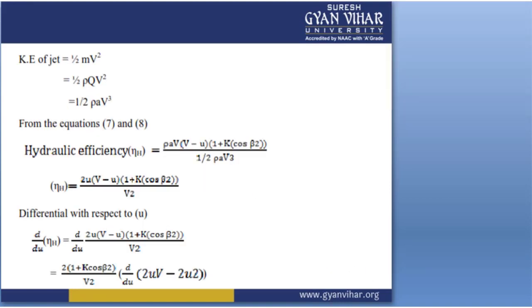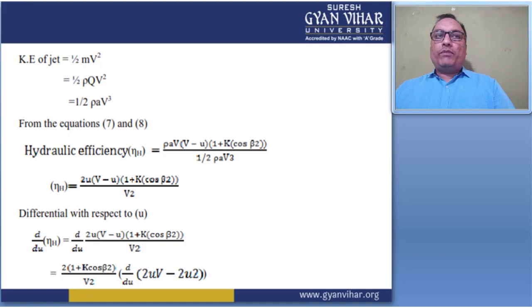The kinetic energy of the jet equals half m v squared, where m equals rho Q v, so it is half rho A v cubed, where Q equals A into v, A is the area and v is the velocity of the jet. From equations 7 and 8, the hydraulic efficiency eta h equals rho A v U (v minus U)(1 plus K cos beta2) divided by half rho A v cubed.